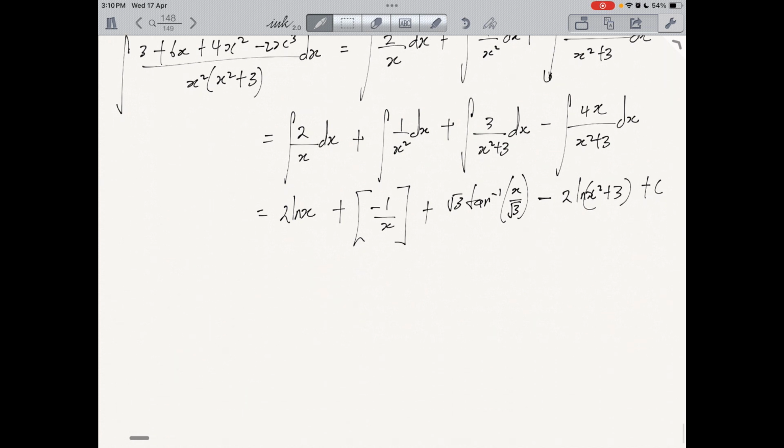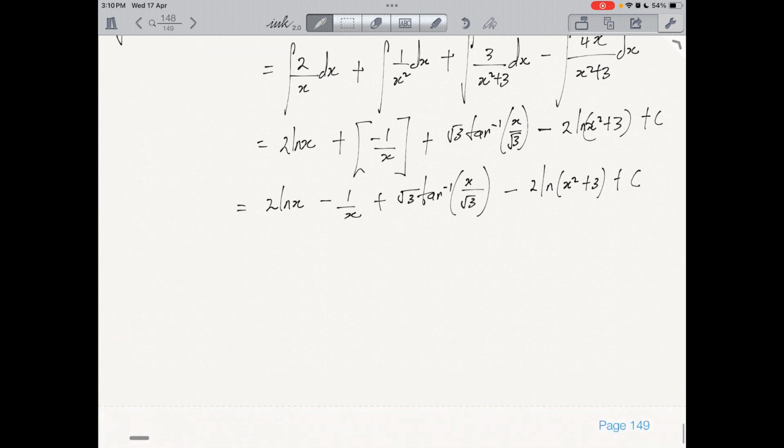So simplifying this, we'll have 2 ln x minus 1 over x plus root 3 arctan (x over root 3) minus 2 ln (x squared plus 3) plus c.